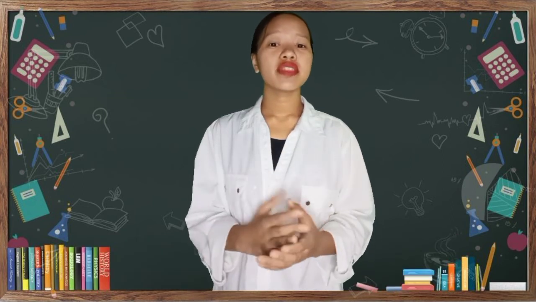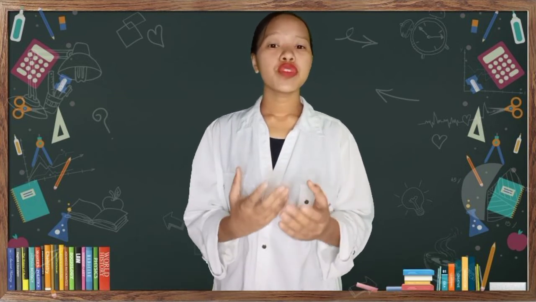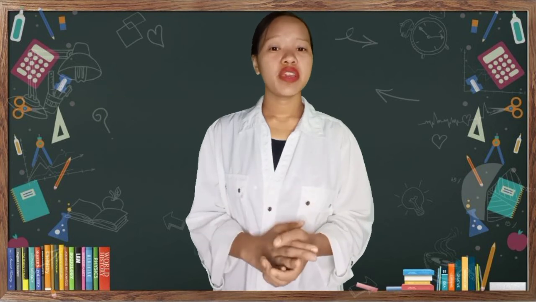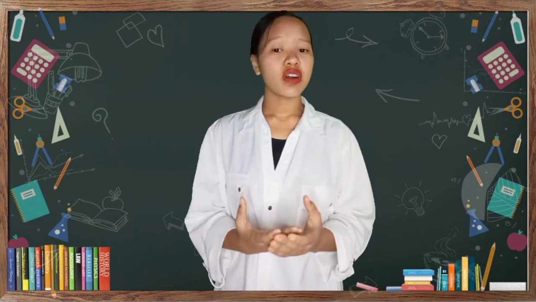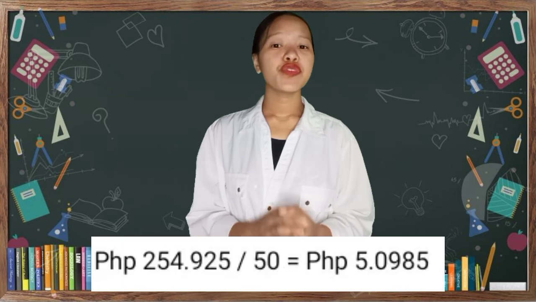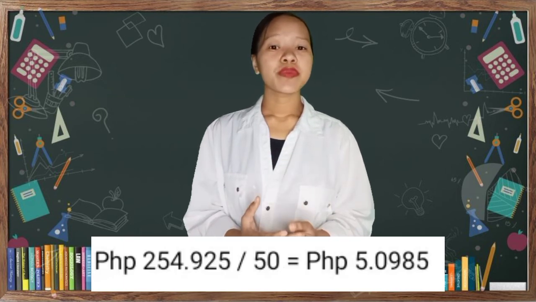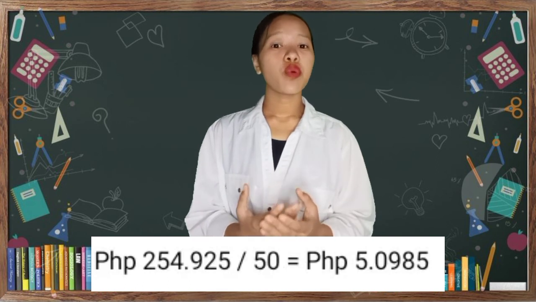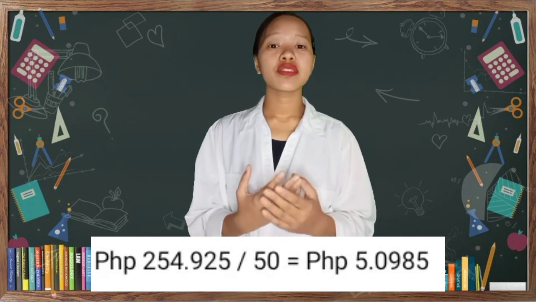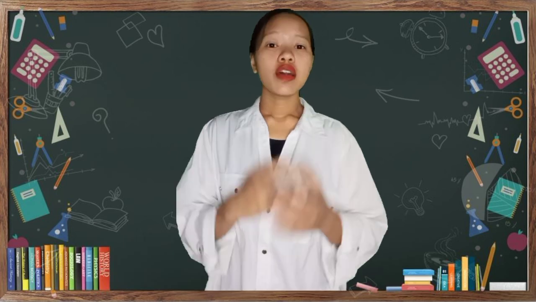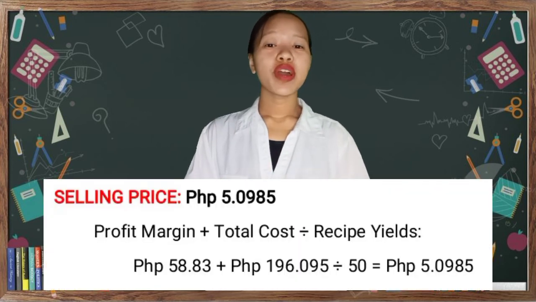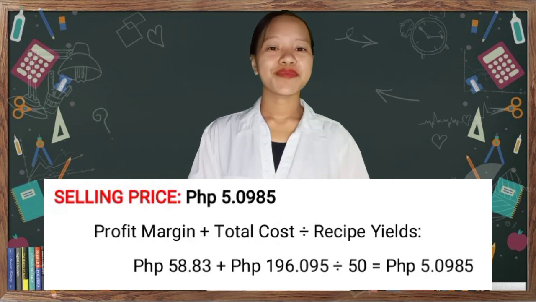Then we divide that by the recipe yield: 254.925 divided by 50 is equal to 5.0985. Therefore, the selling price of our recipe, which is lumpia, is 5 pesos.